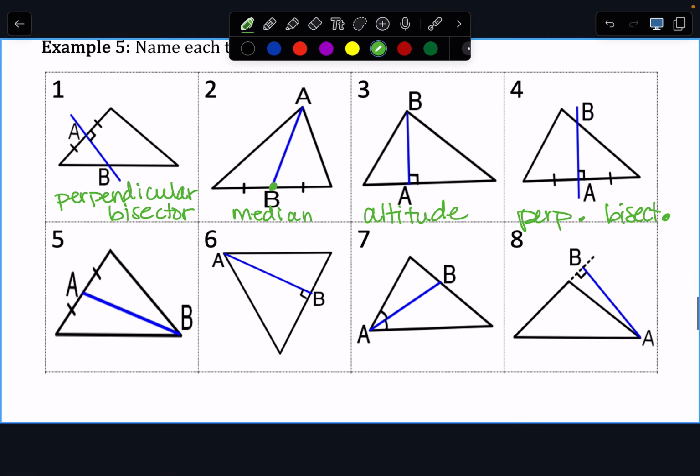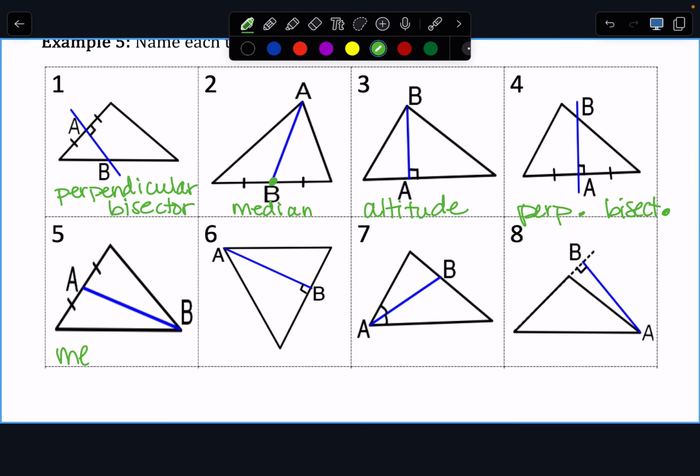What's number 5? Median. See, you're getting the hang of this. Jay, what do you feel about number 6? See, you got it. What's number 7?